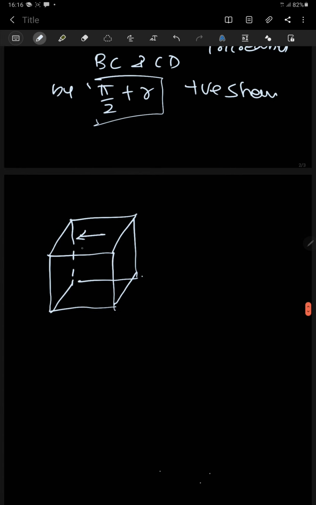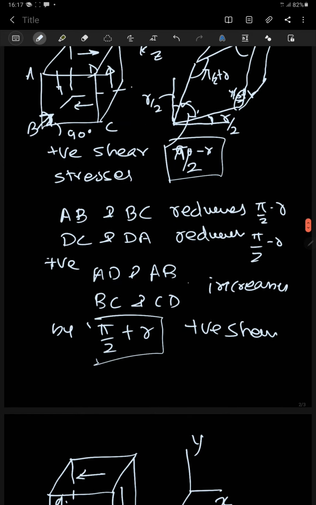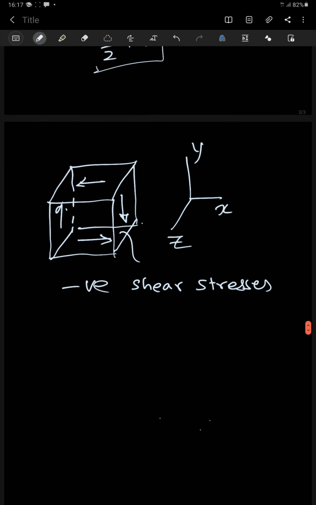So, you have to imagine how the positive set of shear stresses works. Let us say if this is my positive x plane, but shear stress is acting in the negative direction, that is downward direction, and the equal and opposite shear stress. So, these are the negative set of shear stresses. And the change in the angle, I told you, the vice versa situation will happen for the negative shear stresses.